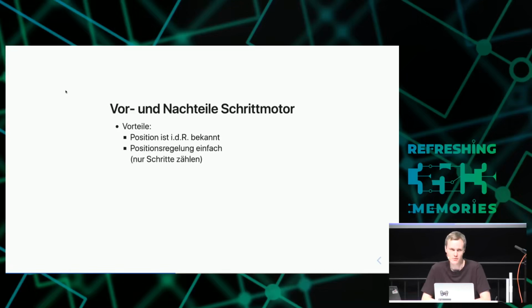But position control is relatively easy because you just have to count the steps in each direction, just addition and subtraction, and you know where it is. And the position resolution is quite high. It's precise enough for what we need to do.